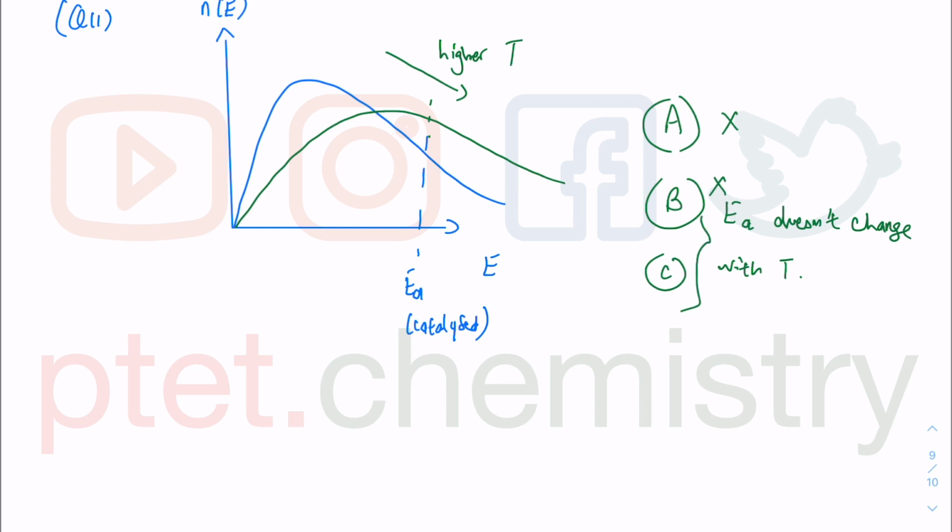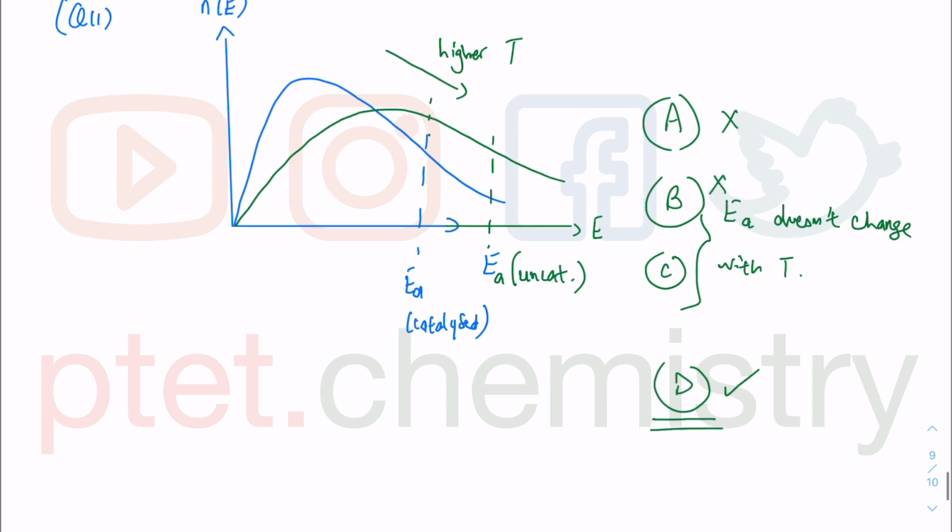So we are left with option D as the only correct answer, where whether you're catalyzed or not catalyzed, your original EA remains the same. So if I have that there, that would just be the EA. Well, I can do one better, I guess. If I label this E here, and then this EA uncatalyzed, the original one. So it has to be option D as the only correct answer there.